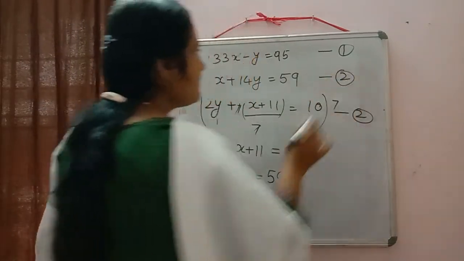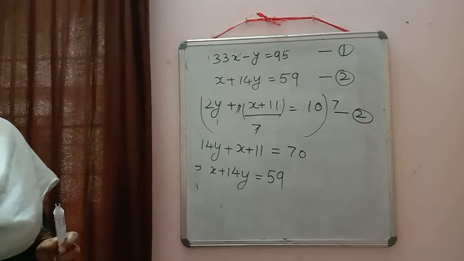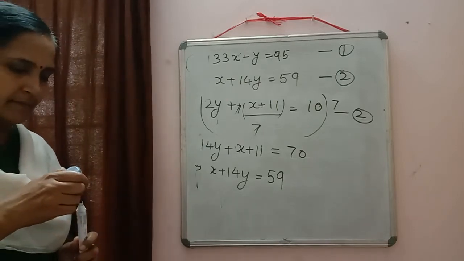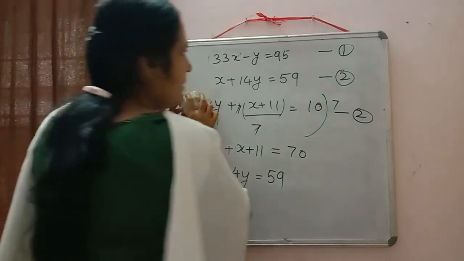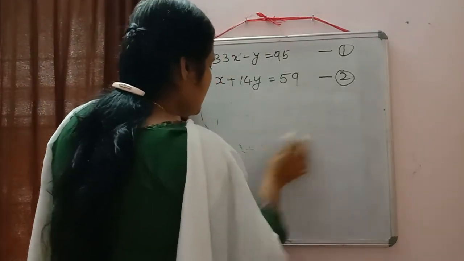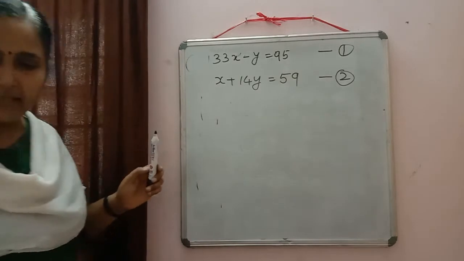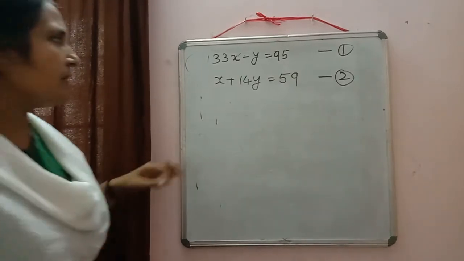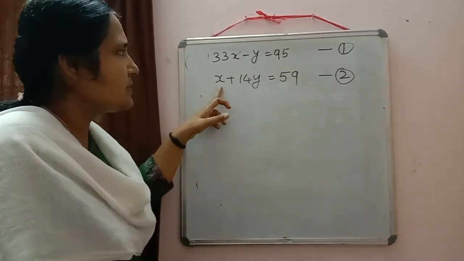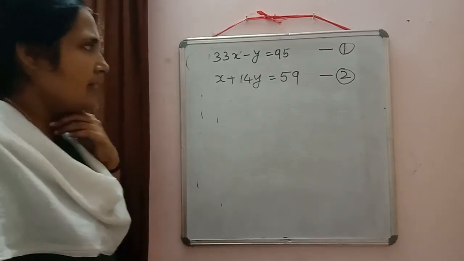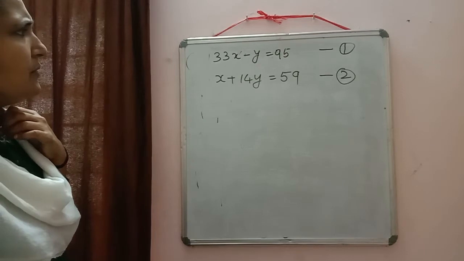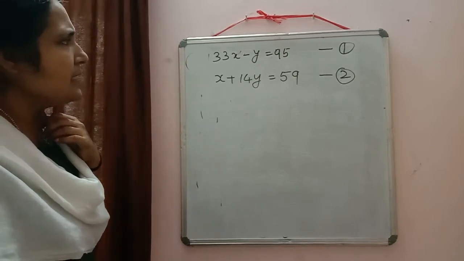As you can check, in the first and second equation we have some terms in which the coefficient of x or y is 1. As you can check in the first equation, the coefficient of y is minus 1. Fraction will not come, and in the second equation the coefficient of x is 1 there. So any one we have to rearrange there. So what we can do? Which one will be easy?